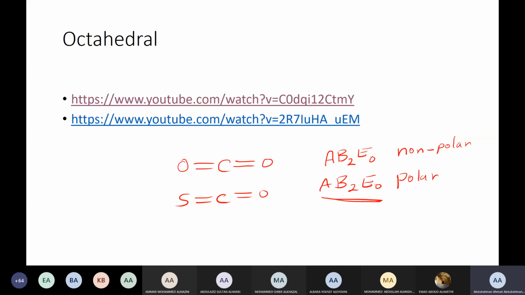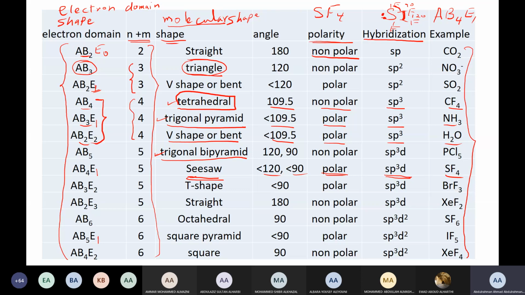Even though the electron domain is exactly the same, why is this one polar and this one non-polar? Because of the terminal atoms. You must know this. As I said, I will continue repeating that you must memorize this table extremely, extremely, extremely well. Is this clear?